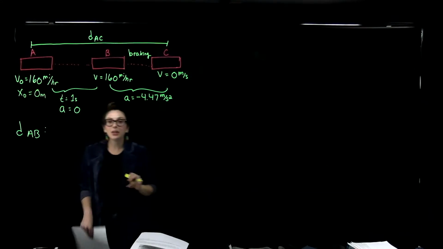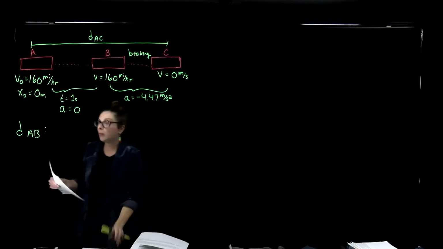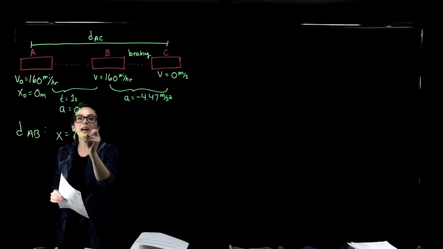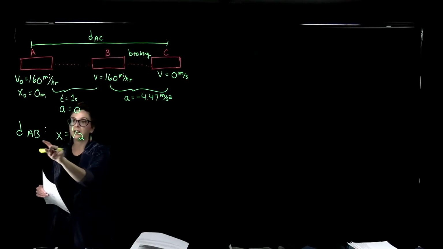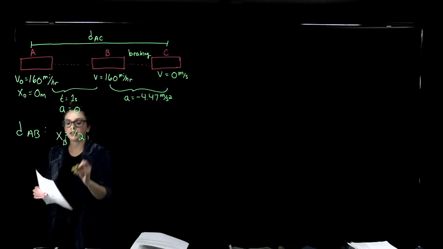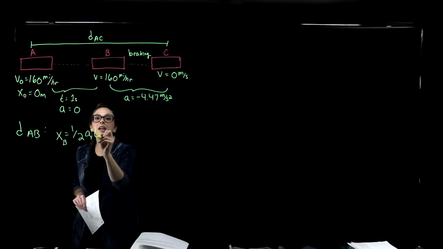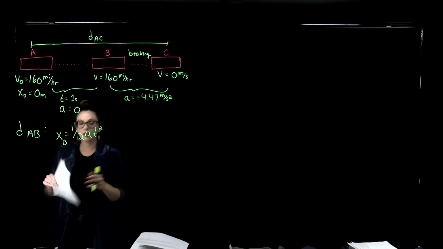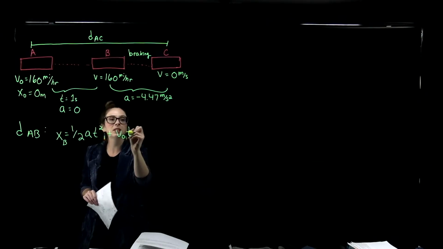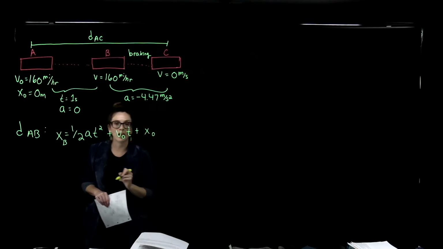Okay, so if we look at our equation sheet, we've got an equation that is x is equal to 1/2 at squared plus our initial velocity of this segment times time plus our initial position for this segment.